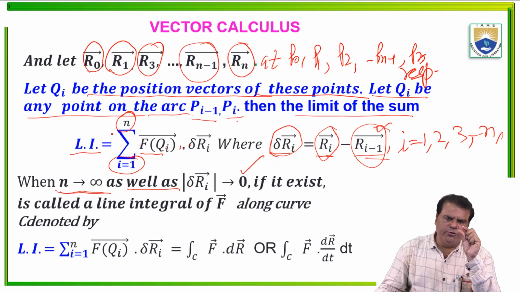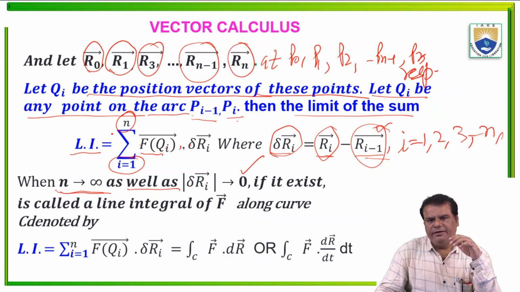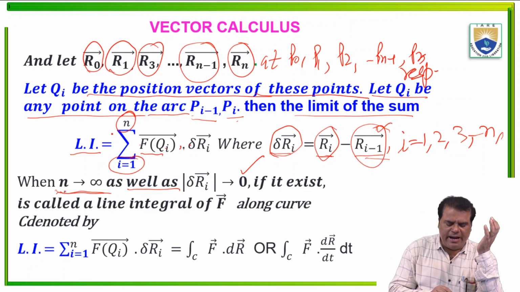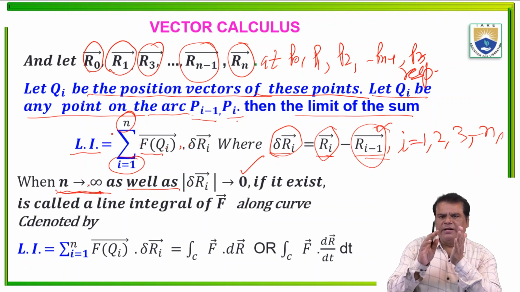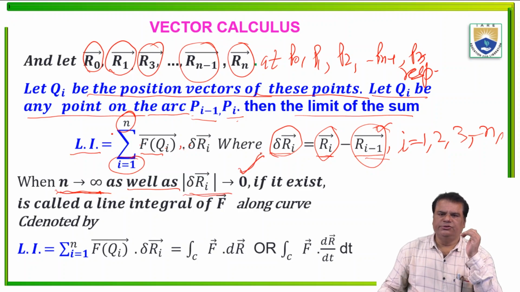The distance between two points becomes very, very small when the number of points between A and B increases. So if n tends to infinity, meaning the number of points between A and B is infinite, then the modulus of delta ri is 0.